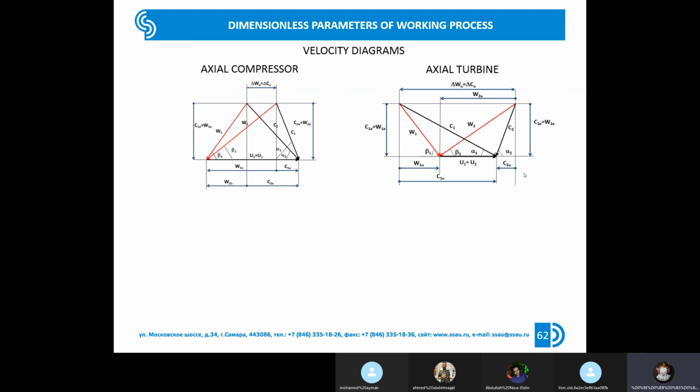So this is the velocity diagram. In this case, it's more convenient to use the shape of velocity diagram which is typical for the US turbomachinery school. So, how do you think? How many parameters do we need to describe the shape of the velocity diagram? Only a suggestion.